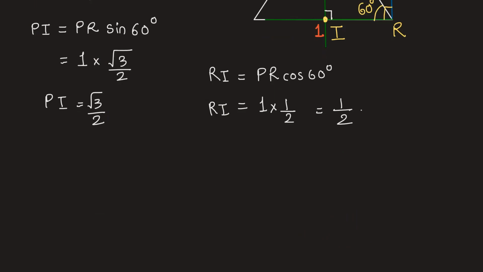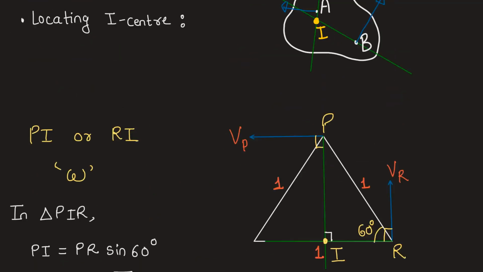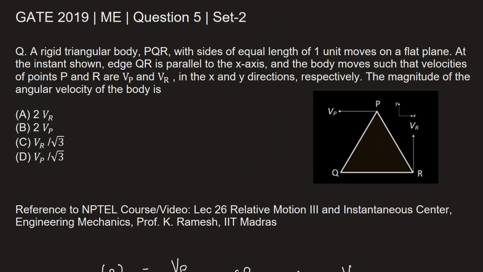Now when we have RI and PI, we can use the formula for omega and find the angular velocity that is being asked. So we can write it as Vp upon PI, Vp upon root 3 by 2, which is 2 Vp by root 3. But we notice that 2 Vp by root 3 is nowhere in the options.